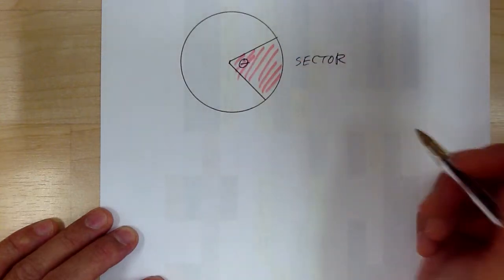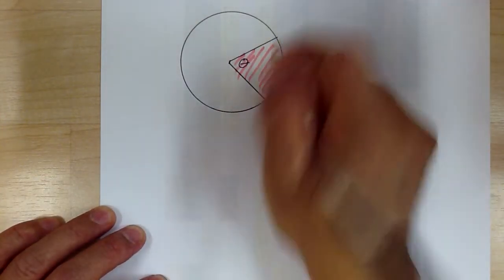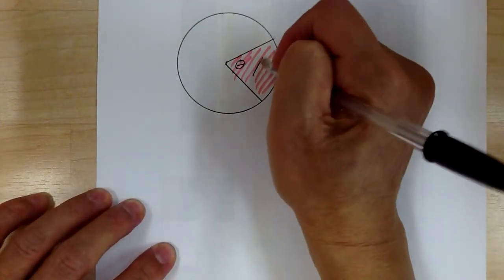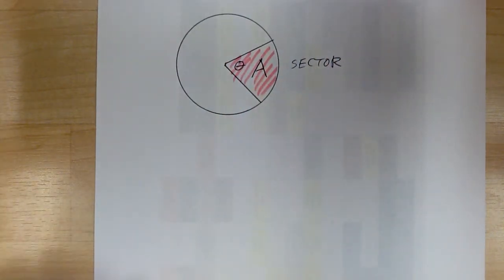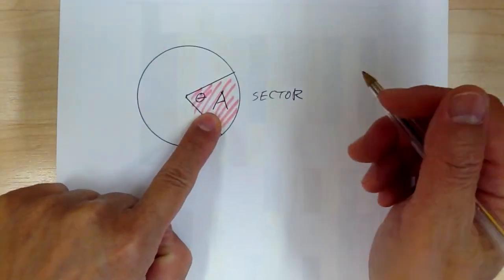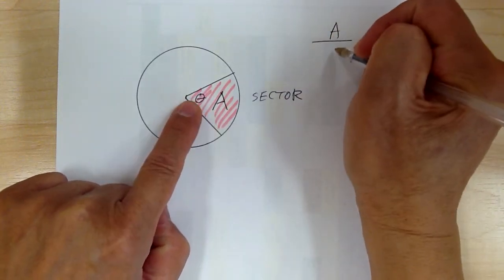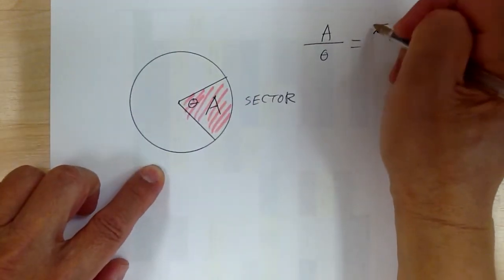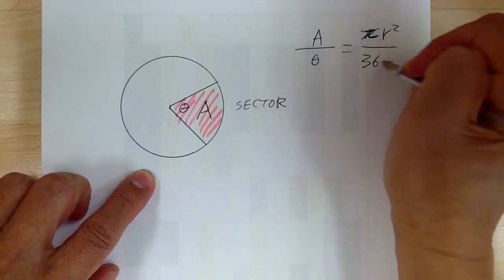The area of the sector, again, there are many ways you can memorize this. This is the area over here. I'm going to call this A, the area of this sector. Again, you can do the ratio: the area over the angle equals the area of the circle, pi r squared, over the angle.